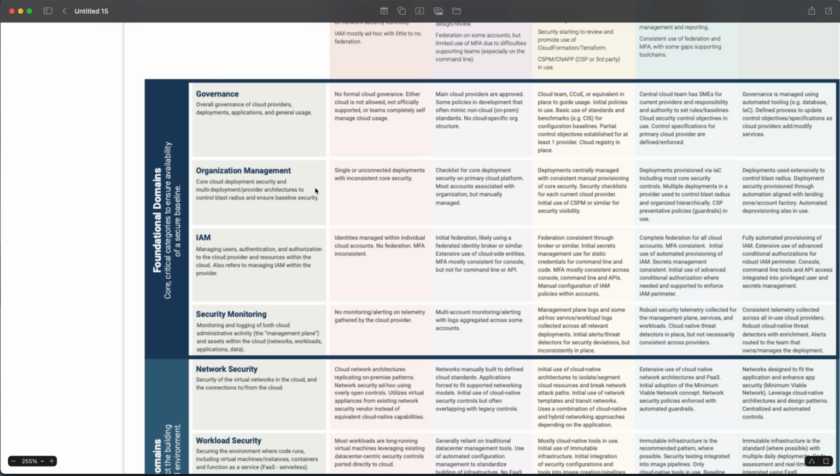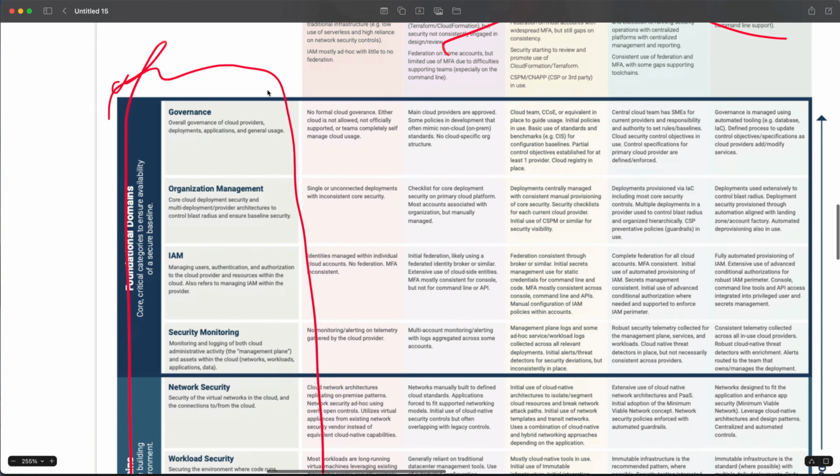I want to walk through this, and I'm not going to discuss the maturity levels. What I'm going to focus on is using this as a tool for categorization and a tool for organizing our security controls. So we're going to be focusing on this chunk over on the side here, and we're not going to worry about any of the maturity levels up here.